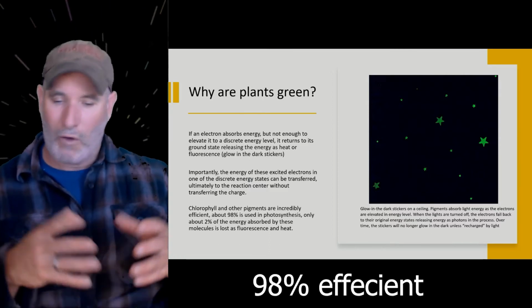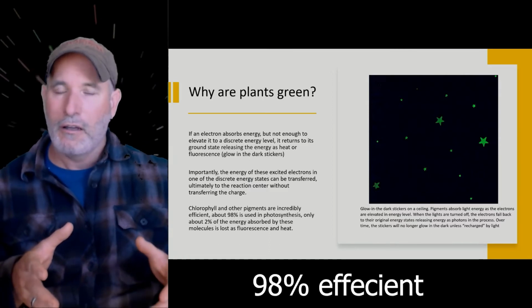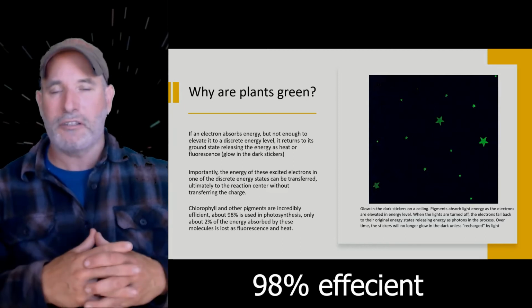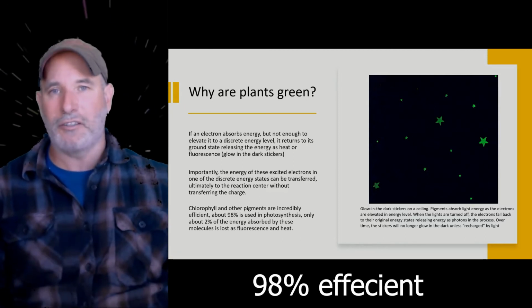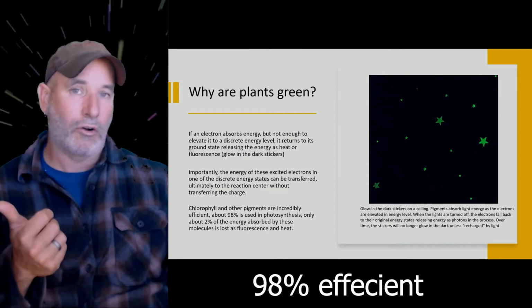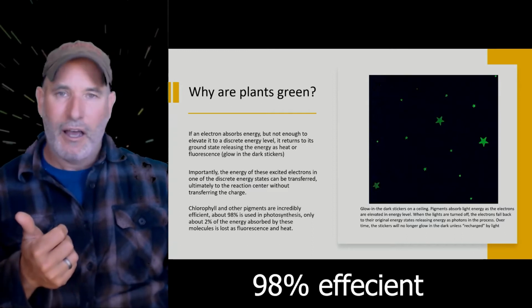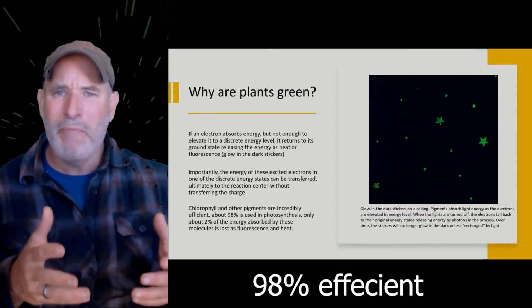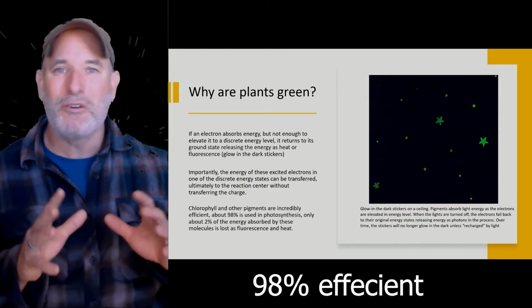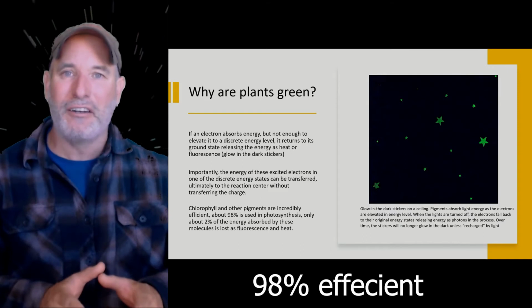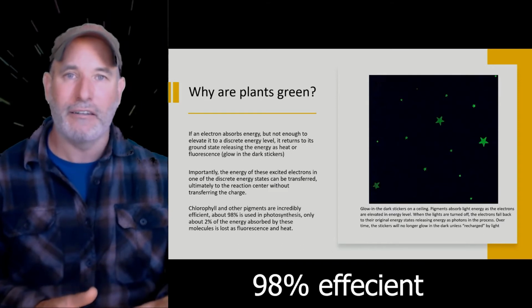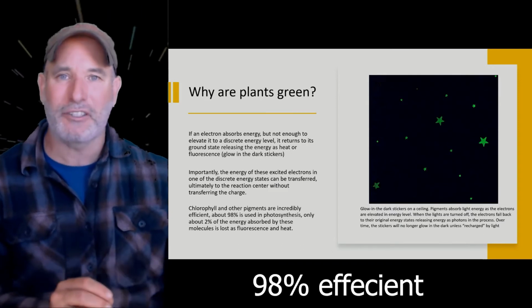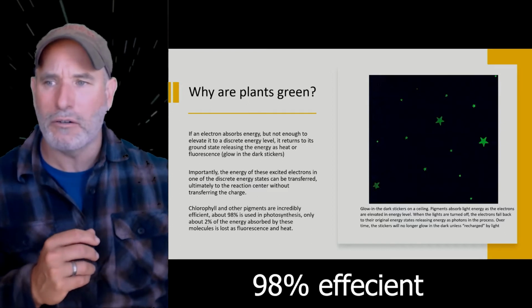Chlorophyll molecules, once a photon hits it, are capable of transmitting 98% of that energy. Only 2% of it or less is lost as heat and degraded light. That's amazing. That is one of the most efficient methods of energy transfer known to mankind. Think about it, 98%. That is almost unreal, right?